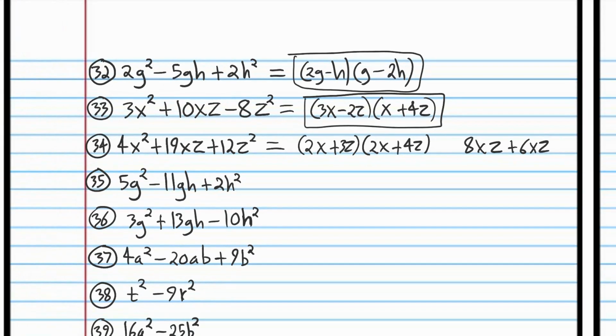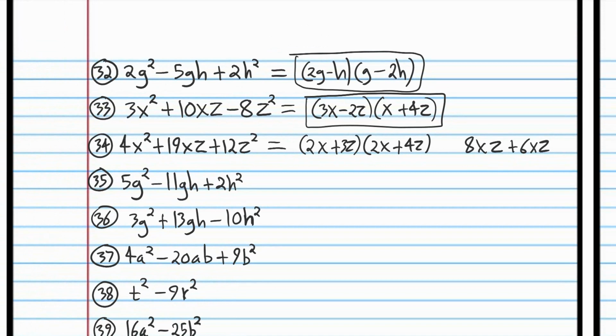Add those up, and you get 14xz. So that didn't work. No big deal. If we try switching these terms, that's not going to do anything because the first two terms are the same. So that means that if we assume that the 2's are going to work, the 3 and 4's are not going to work.